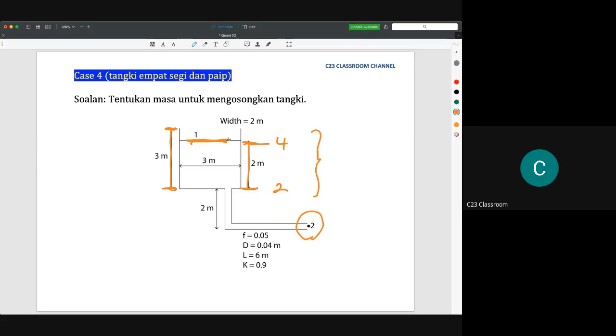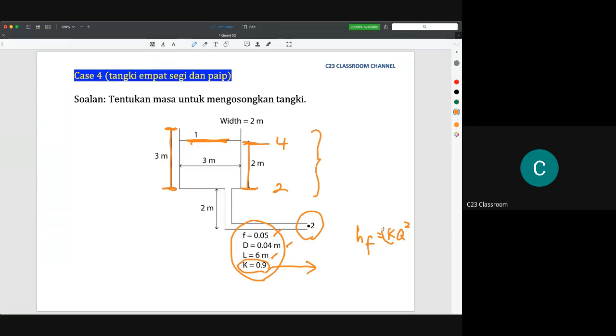So in this question, I try to give you a hint: you have f, you have diameter, you have length, and also you have K here. So the K here, you might be confusing with hf equals KQ squared that we learned in chapter 2 in the Hardy-Cross method.